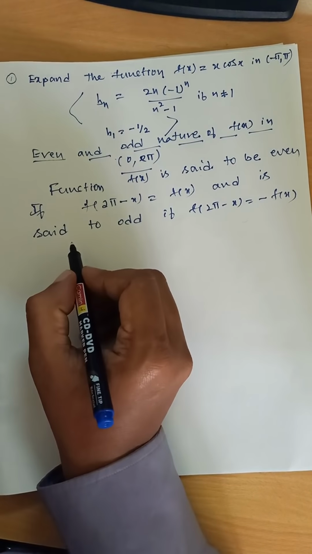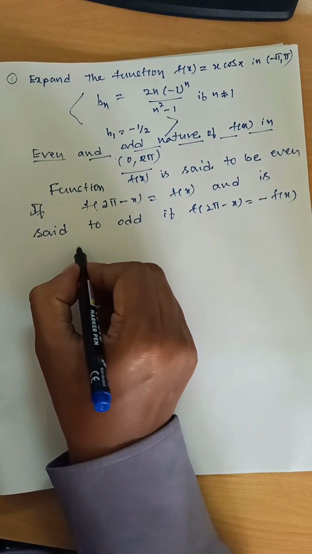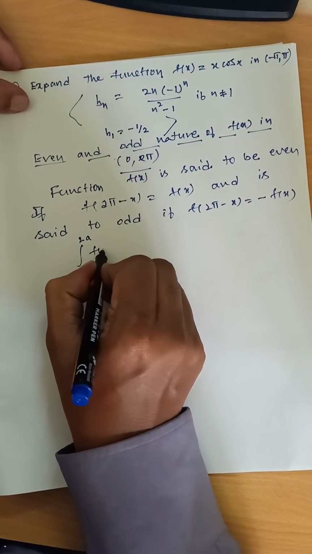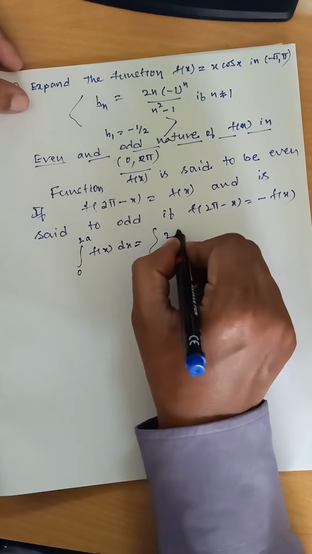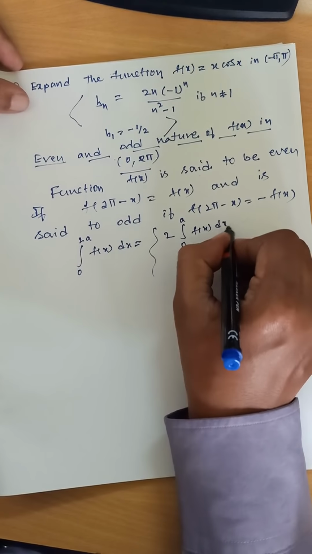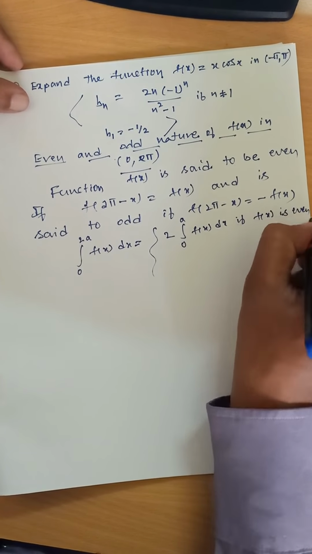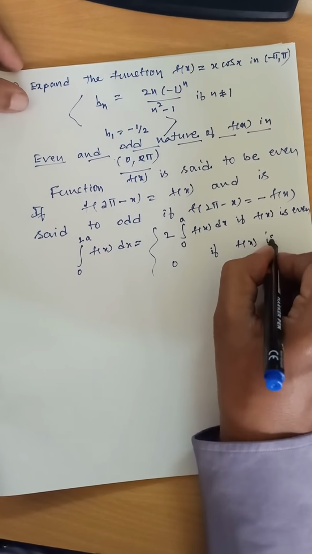Here also we use the property of definite integral. You recall the property of definite integral, integral 0 to 2a f of x dx is equal to 2 times integral 0 to a f of x dx if f of x is even, and is equal to 0 if f of x is odd.